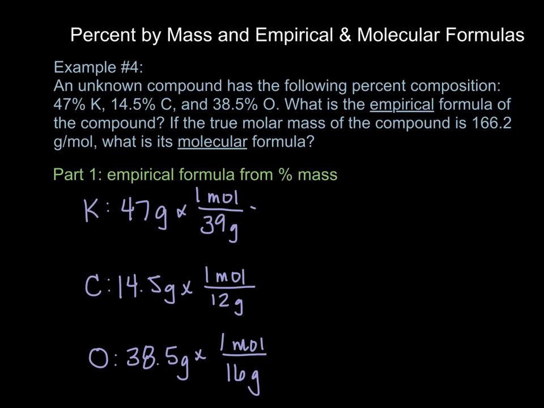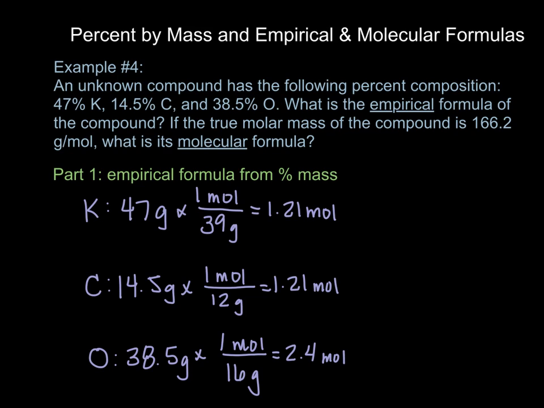So for potassium, I get 1.21 moles. For carbon, I also get 1.21 moles. And for oxygen, I get 2.4 moles. So at this point, my empirical formula is K 1.21, C 1.21, and O 2.4.